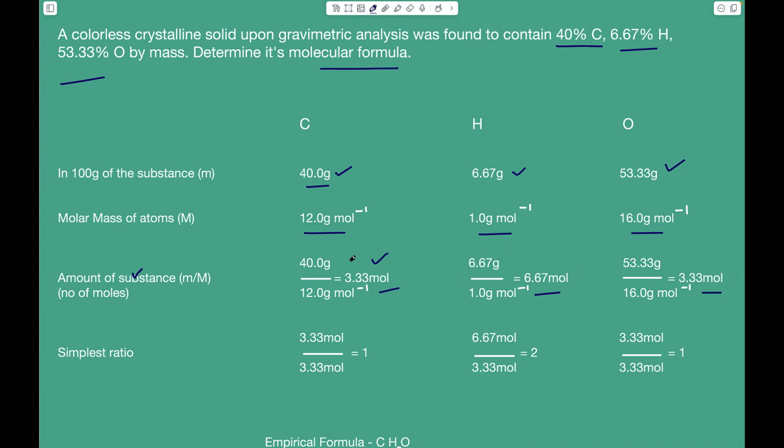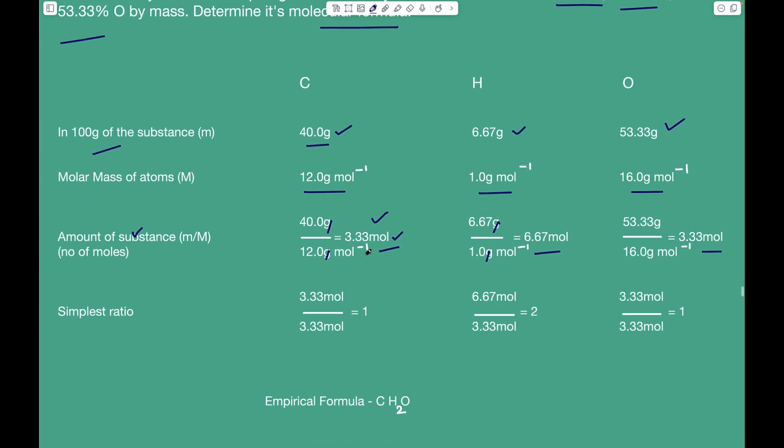If you simplify these fractions, you would get these numbers. These units get cancelled, and the unit you will be left with in each of these cases is mole. So these are the moles of carbon, hydrogen and oxygen present in 100 grams of the substance.